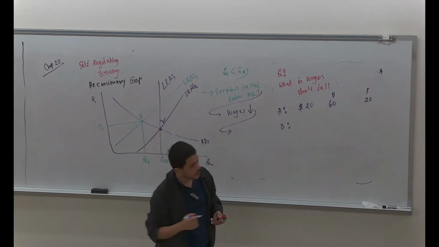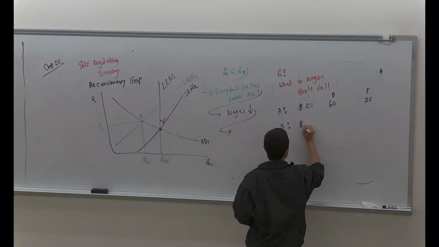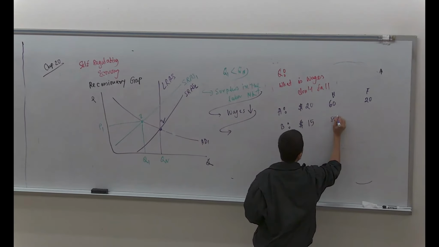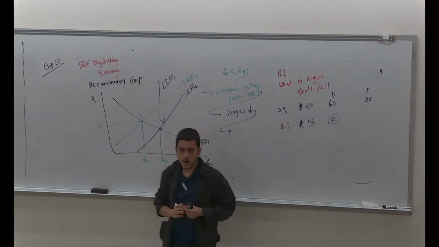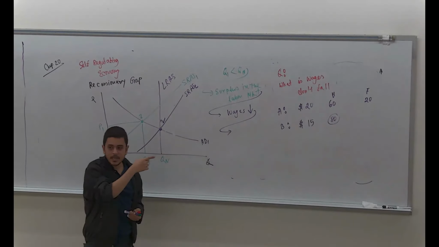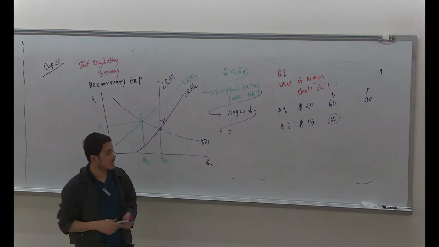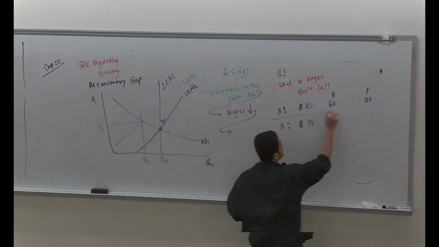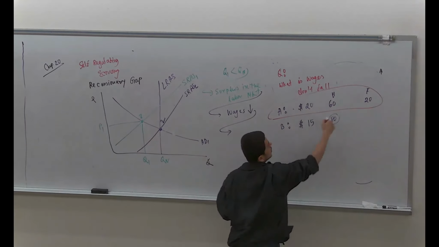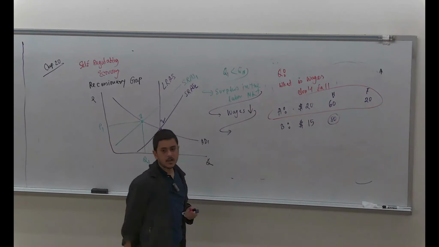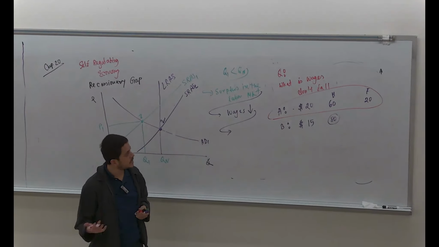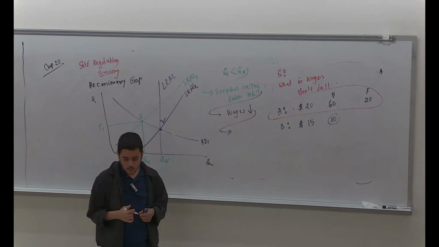Another thing the firm could do is reduce the salary to $15 and keep all the employees. Now the problem is all 80 employees are not happy, and this is not good for the firm. So it's better the firm uses this policy: keep $20 and fire 20 people, keep 60 people. So wages don't fall.